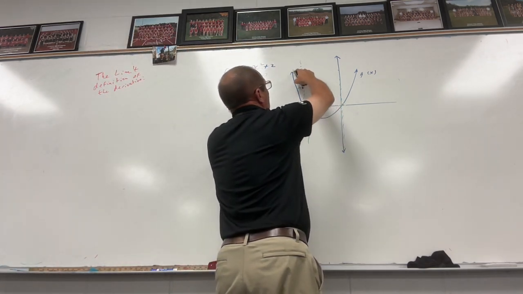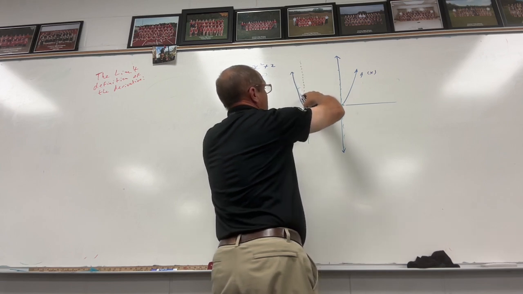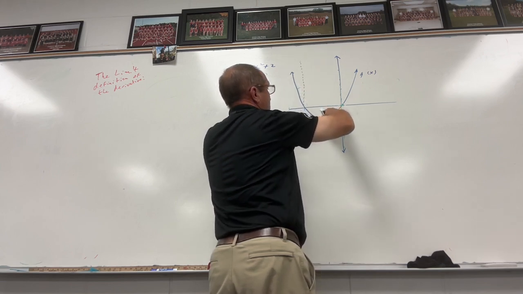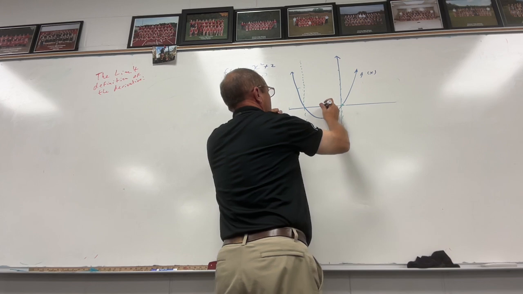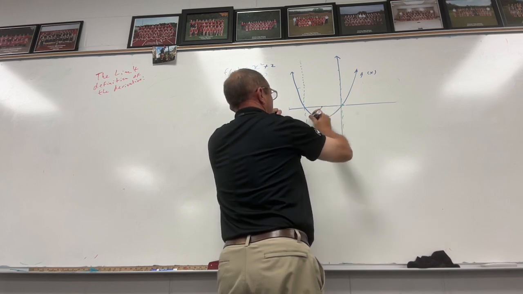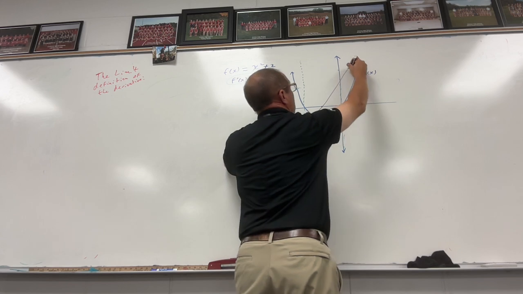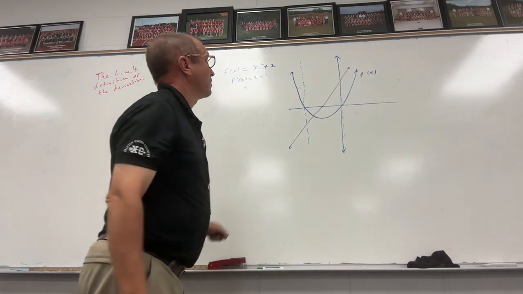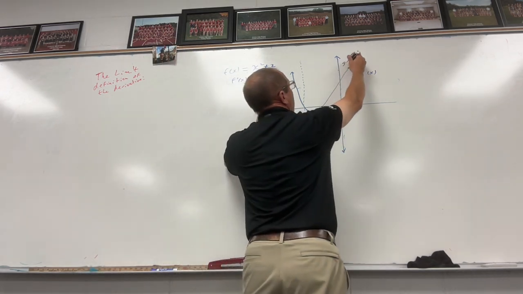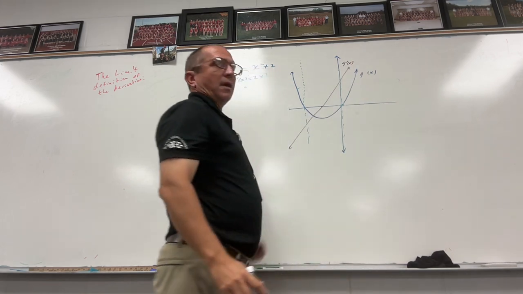Well, here we're decreasing and we're getting close to 0. And likewise from here on out we're increasing. So the graph of the derivative, g prime of x, should look something along the lines of that.